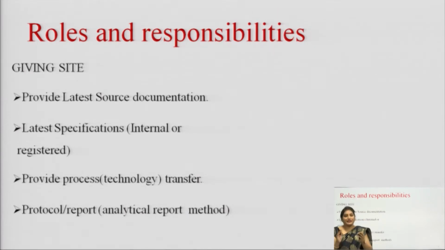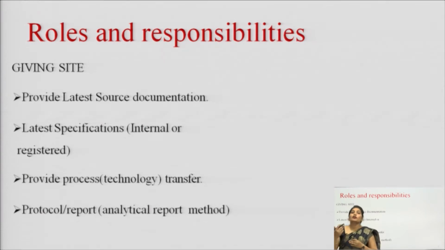Specification means limits. What are the limits of the product? What is the acceptance criteria of the product? Acceptance criteria is a measurable term under which test results are found to be acceptable. Suppose in case of tablets, we are conducting the weight variation test. The specifications for weight variation are given in the reference book, that is IP, and we have to follow those specifications.